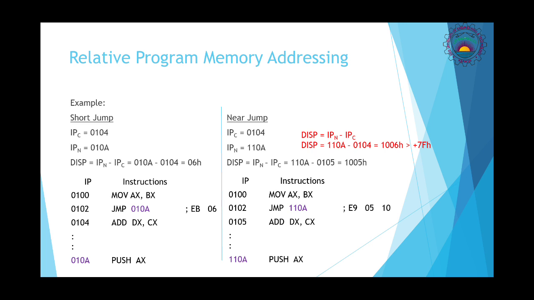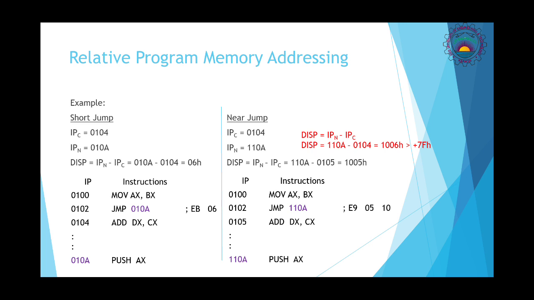So now your displacement value is 110A minus 105, that is 1005. So that is the correct value for displacement. So we have shown that jump 110A instruction will be of 3 bytes.